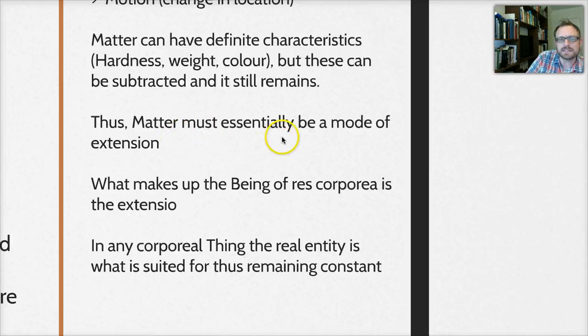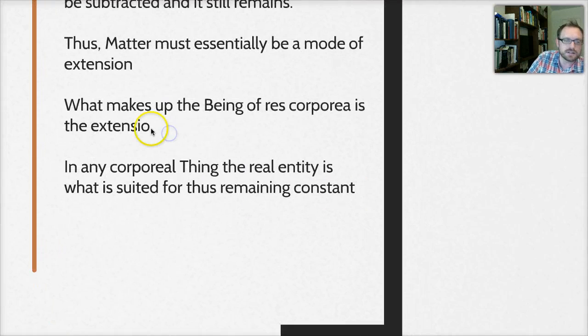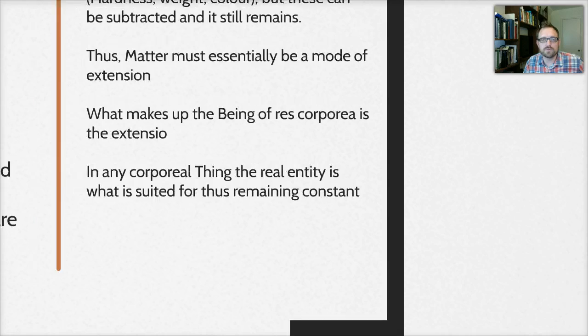Thus, matter must essentially be a mode of extension. So what makes up the being of res corporea is the extension, or the extensio. So in any corporeal thing, the real entity is what remains constant. Okay? So let's move forward here.